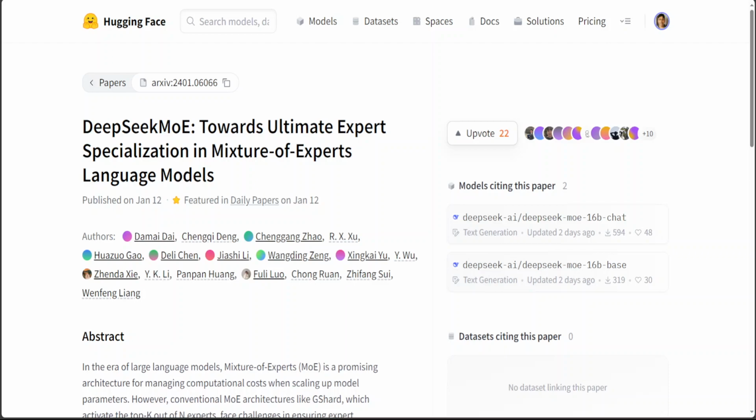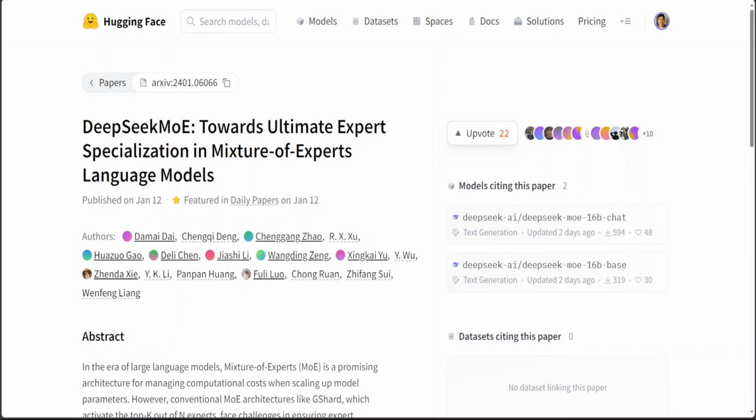Now, on various benchmarks, DeepSeekMoE has approached the performance of its dense counterpart with the same number of total parameters, which sets the upper bound for mixture of expert models. They have also scaled up DeepSeekMoE to 16 billion parameters and have shown that it achieves comparable performance with Llama 2 7B with only about 40% of computation, which is a huge difference.